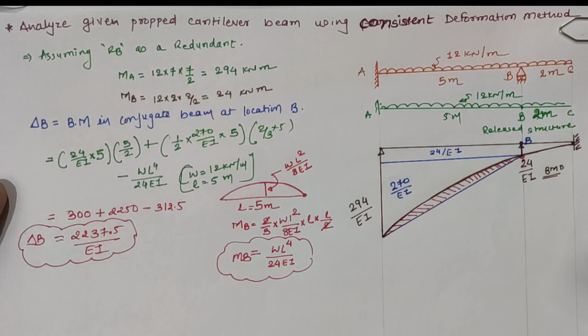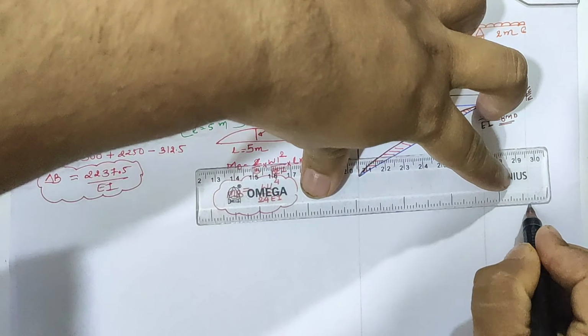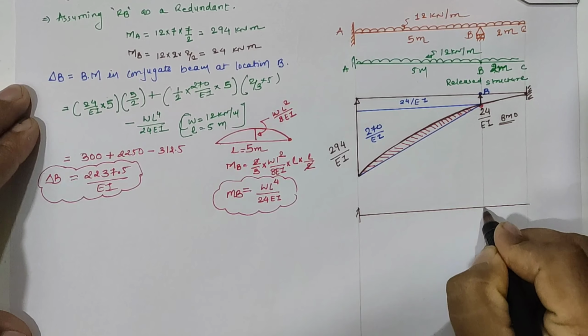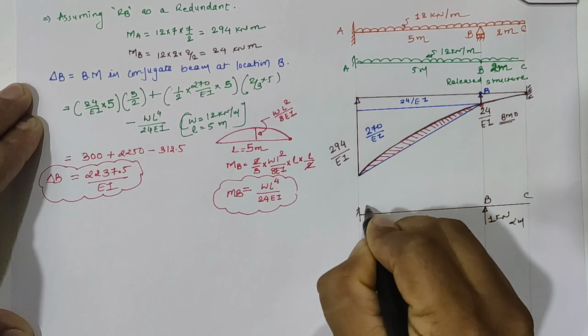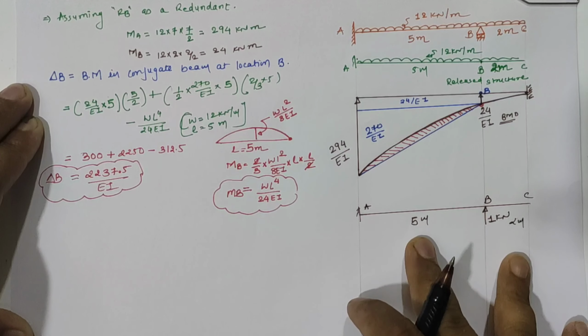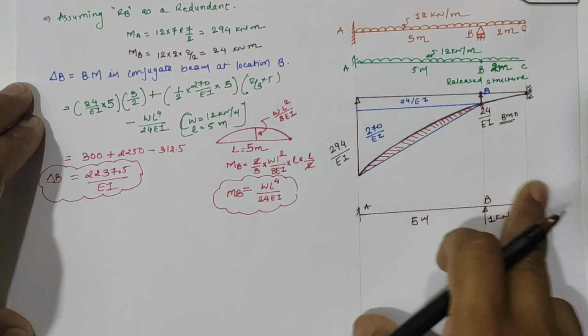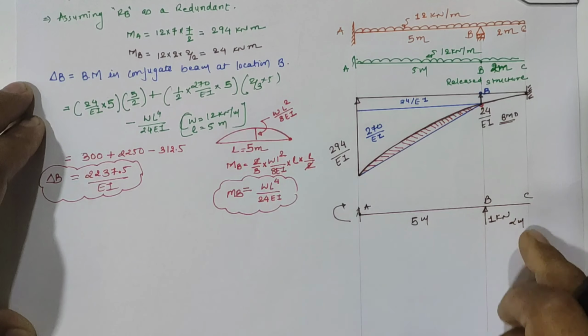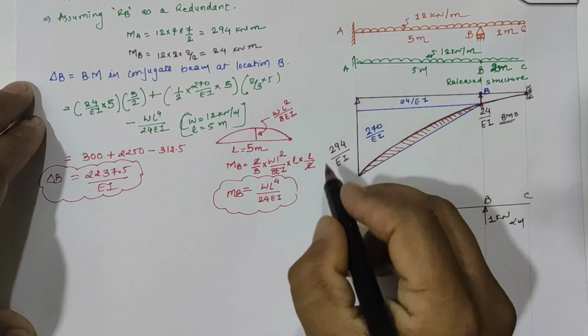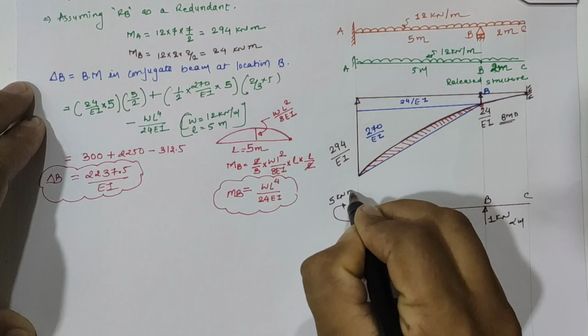Now after calculation of delta B, we have to apply a unit load at the location of the selected redundant, and removing all the loads, we have the released beam. If we draw the bending moment diagram for this beam, then we have a moment at location A as 1 into 5 in clockwise direction, which is 5 kilonewton meter.